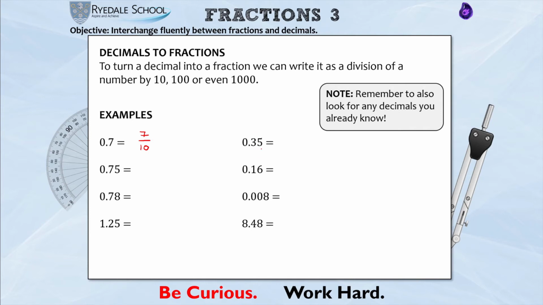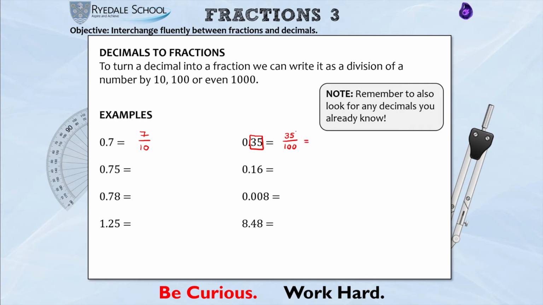0.35 with 2 decimals is going to be a fraction over 100. That is the same as 35 divided by 100. Because you can imagine that these 2 digits have moved 2 places to make it a decimal number. So it is the same as 35 over 100.